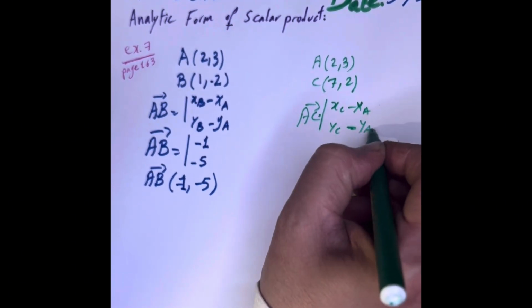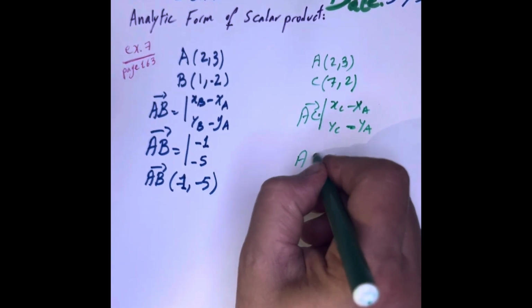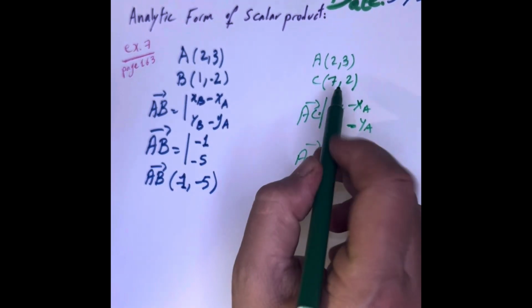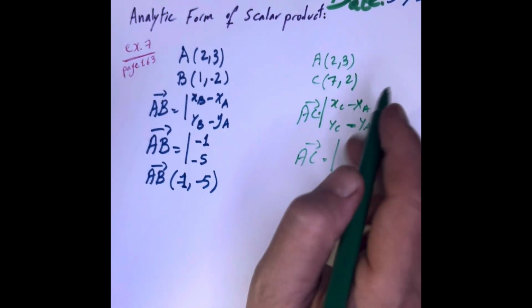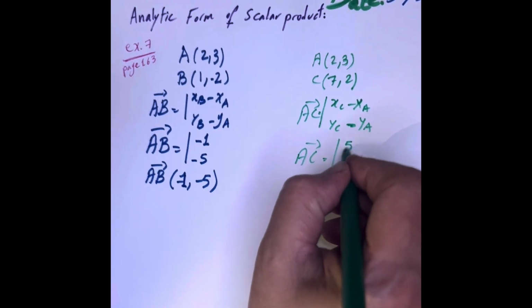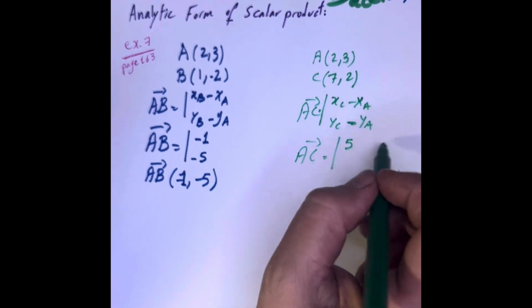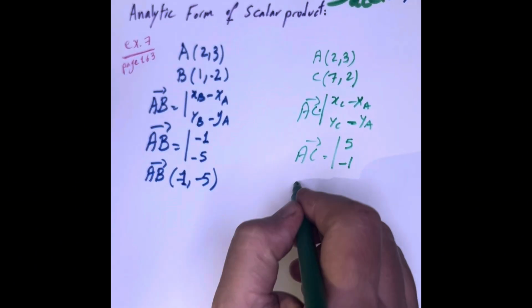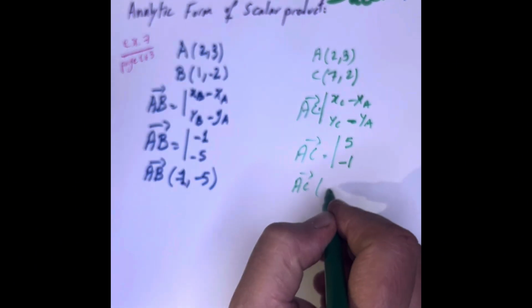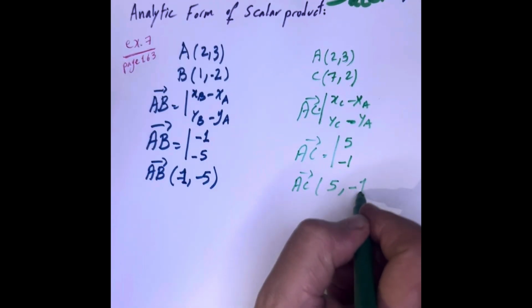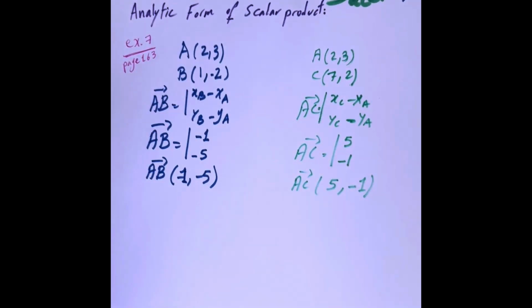So the AC vector, its coordinates will be XC minus XA, 7 minus 2, which is 5, and YC minus YA, 2 minus 3, which is minus 1. So the coordinates of AC are 5 and minus 1.